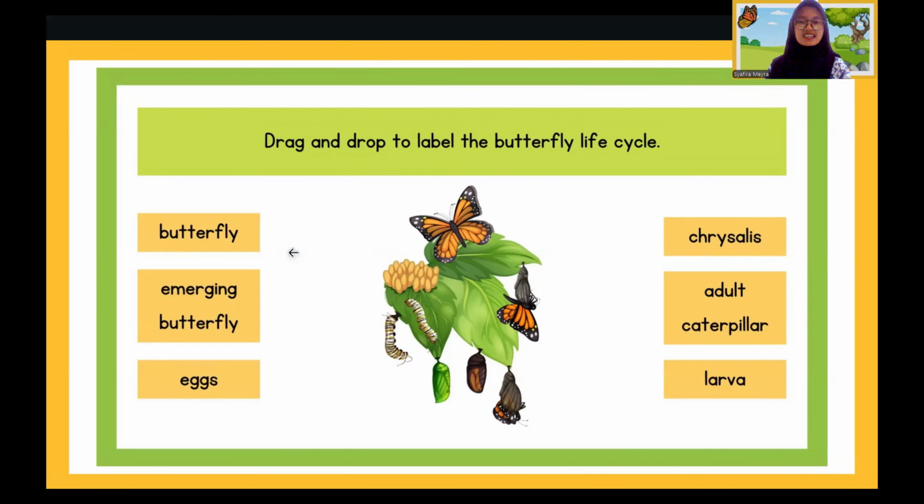Now first, let's start from here. We got what? Yes, we got butterfly. Which one showed the butterfly picture? This one? That's right, it's this one. Now we got the emerging butterfly.